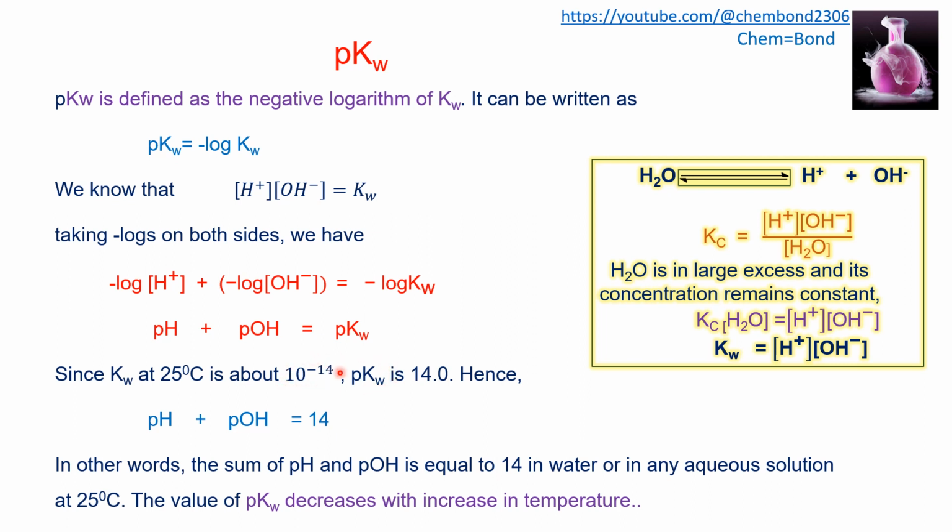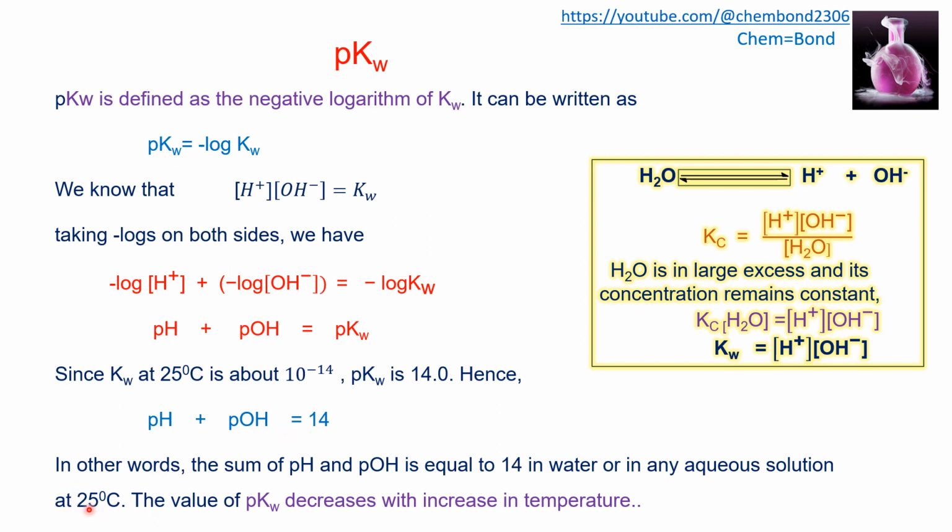And the pKw, by taking the minus log of 10 to the power minus 14, results in 14. Hence pH plus pOH is equal to 14. In other words, the sum of pH and pOH is equal to 14 in water or any other aqueous system at 25 degrees C. Here 25 degrees C is the standard temperature for pH and pOH.